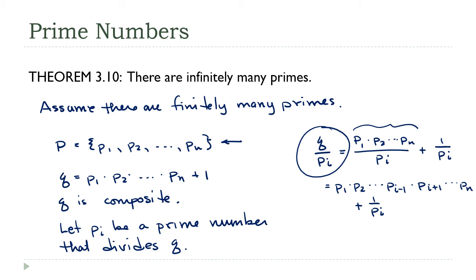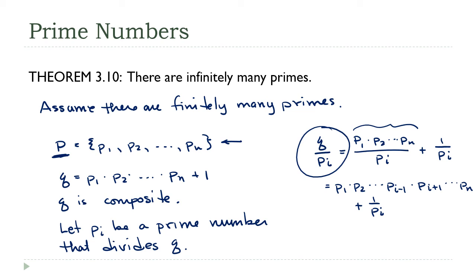It can't be. Q is not on this list. And there's my contradiction, right? If there are finitely many primes, then there must exist a number that is both composite and prime, but there isn't. There is no such number, right? There is my contradiction.